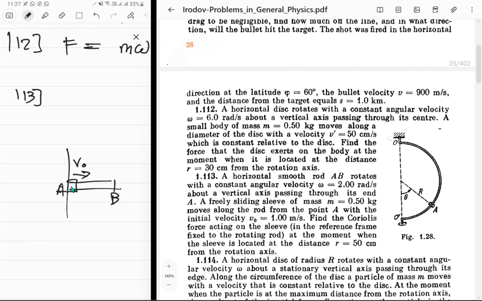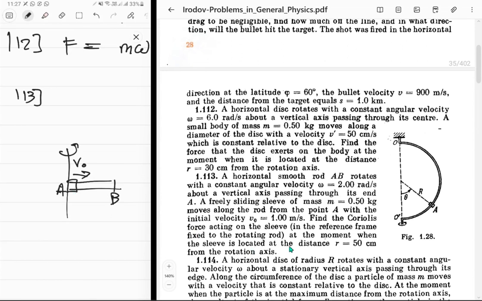No, it's along the negative i hat, so it's towards us if omega is like this. Which is basically just 2 omega r dot, times m. That's our Coriolis force. And the Euler force has r alpha, but the good thing is alpha is not here. So it's just the Coriolis force acting, and there's centrifugal force, of course.